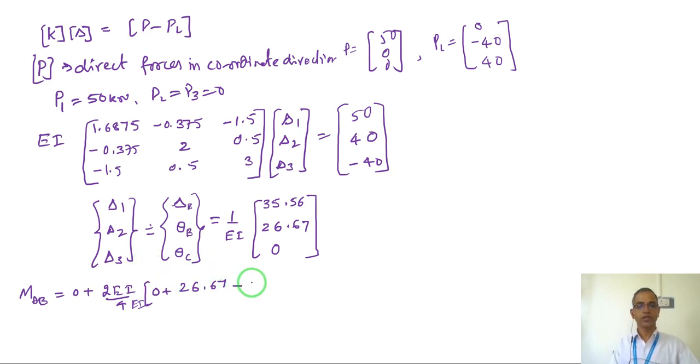Minus 3 delta by L, delta displacement at B is what we already got as 35.56 by EI, so 35.56 by L, which is 4. So this comes out to be 0.